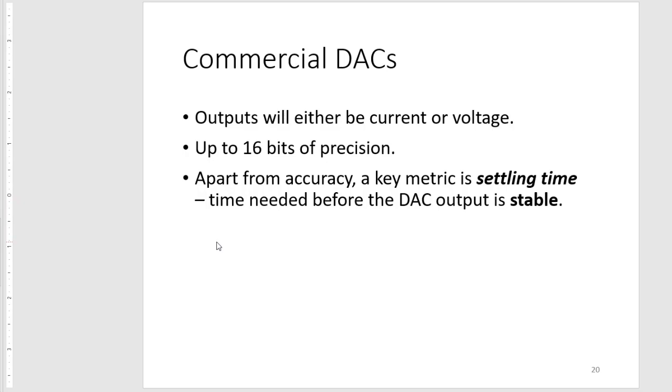So upon setting the DAC to the DAC code you want to generate an analog quantity from, the settling time tells how much time you need to wait before we get that stable value.